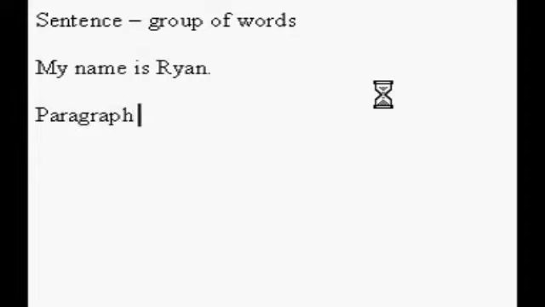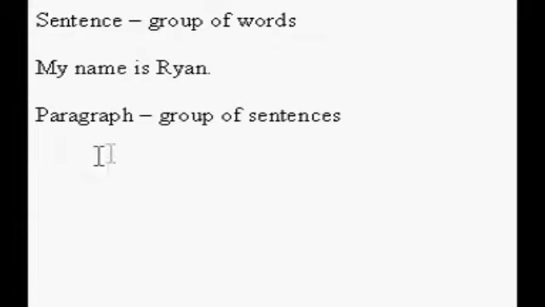Now, a paragraph is a group of sentences, and a paragraph begins with an indent, which is a space.